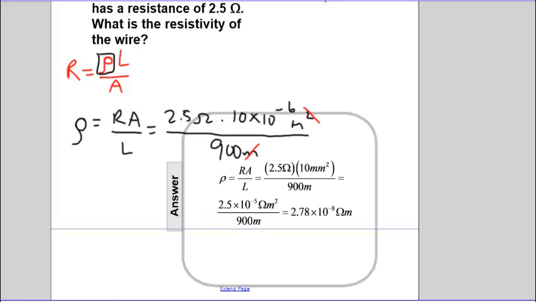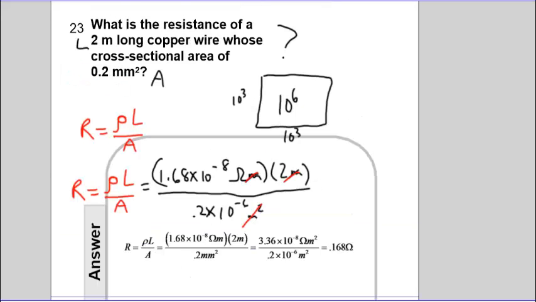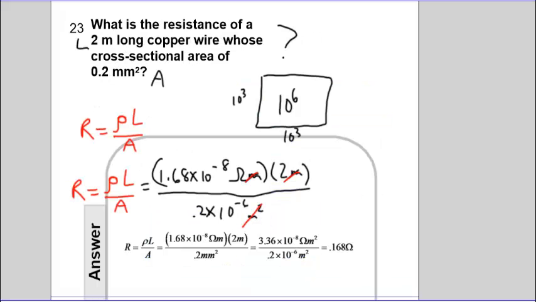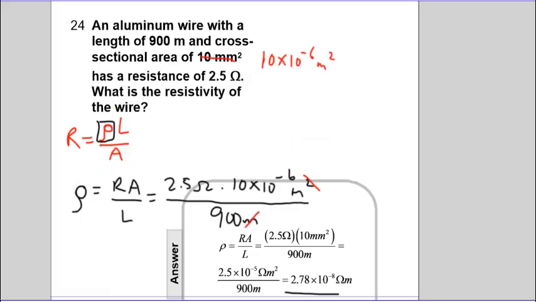Let's take a little trip backwards, and we'll see if that answer is what falls on the data table. Hopefully it is. For aluminum, 2.78. What? That aluminum must not be pure. It must be an alloy, because we got a slightly different answer when we problem solved. Not the end of the world.